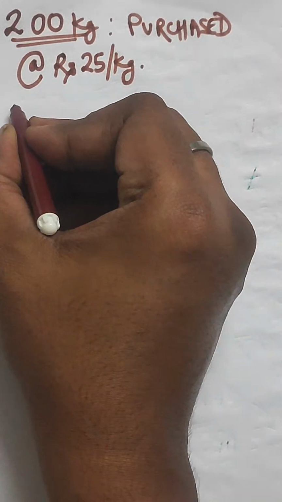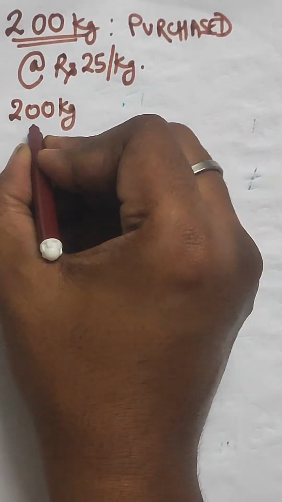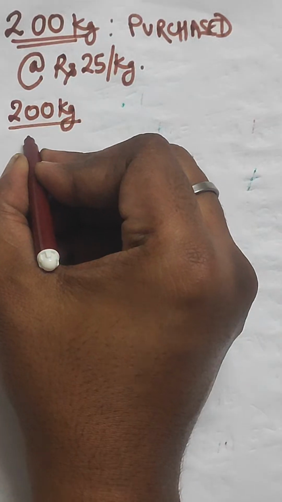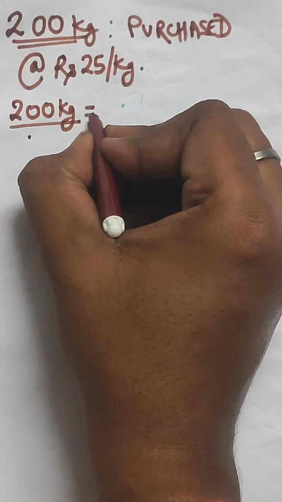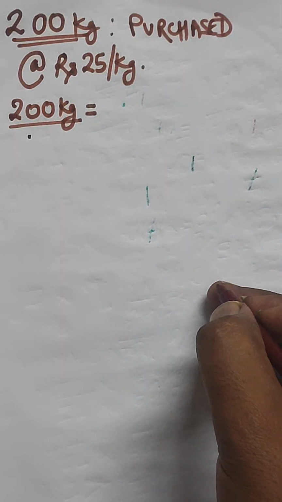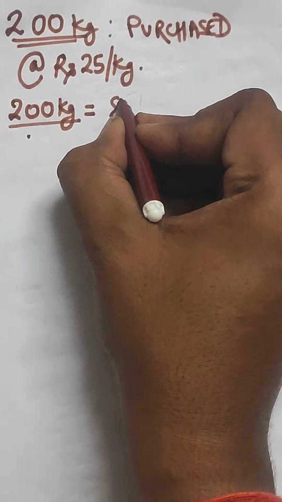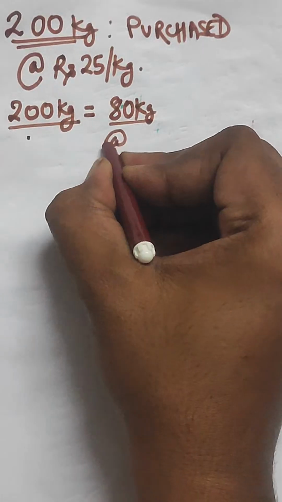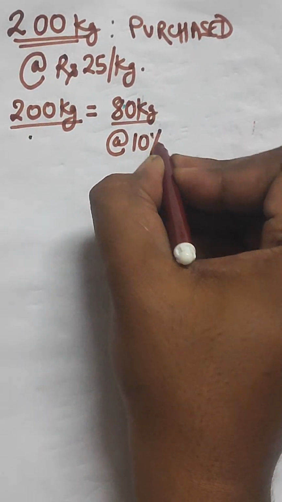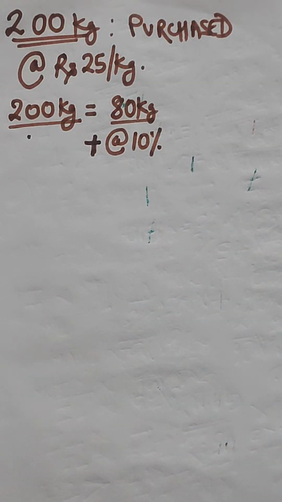So this 200 kg which he purchased, he sold in three installments. The first is that he sold 80 kg at 10% profit, right?